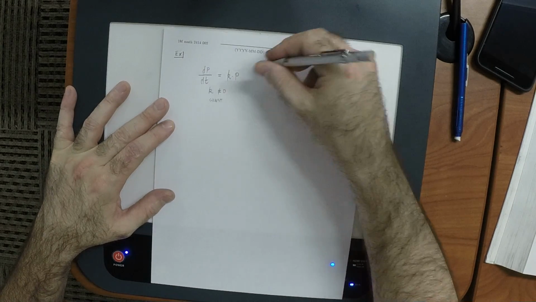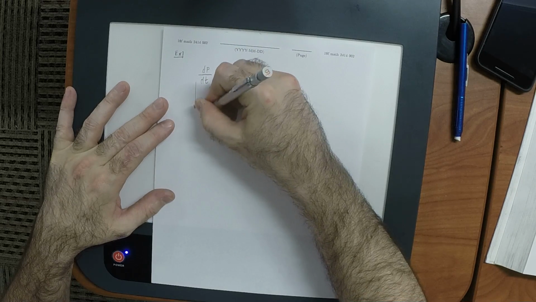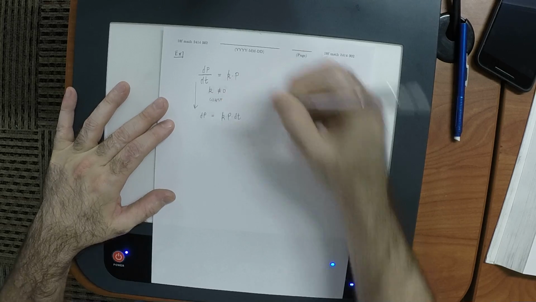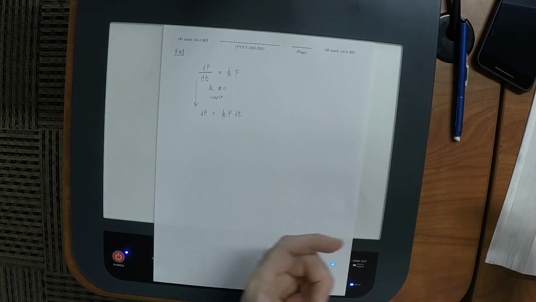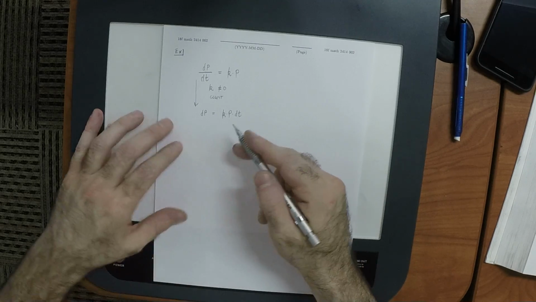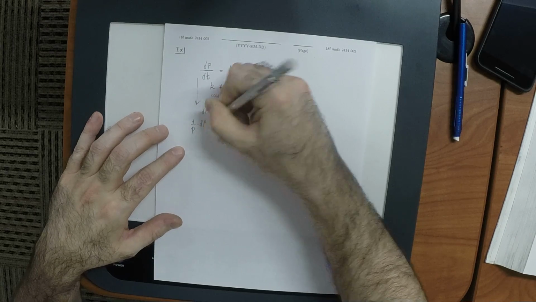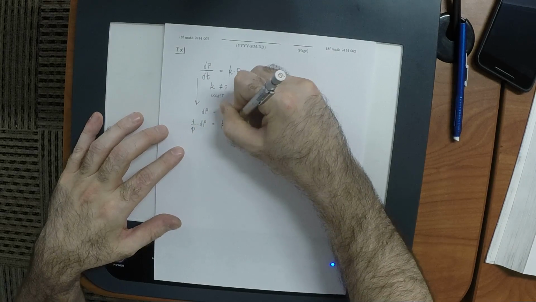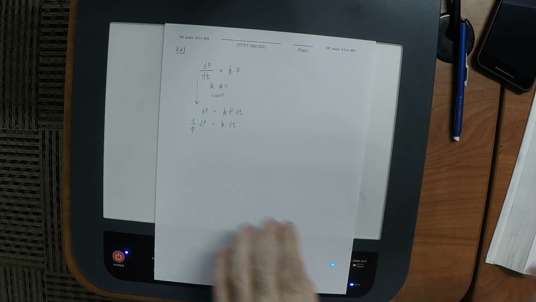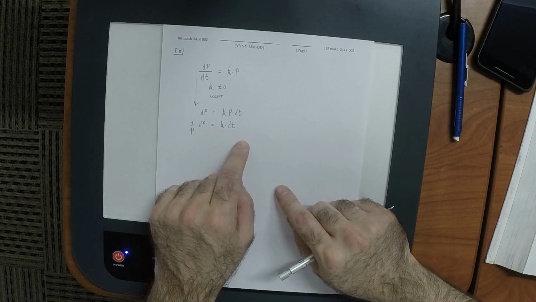If in the first place we say something like, well, dp is equal to kp dt, okay, then not separated yet, and then we could divide both sides by p to get 1 over p dp is k dt. And k is just some constant. Now we've separated the variables. P's are on one side, t's on the other.